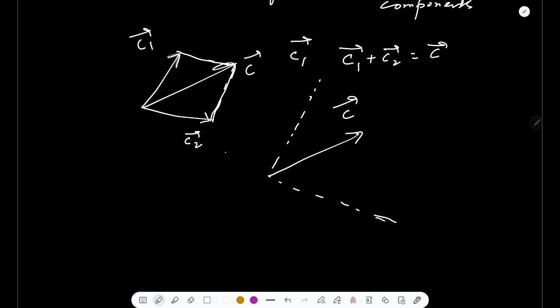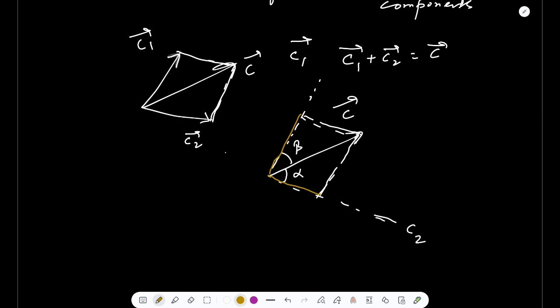We just made a parallelogram here, and though they look like they are perpendicular, they are not; this angle is alpha and this angle is beta. So what will be the scalar components of vector c along vector c1 and vector c2? These scalar components will be this and this, along the line of action of vector c2 and vector c1.